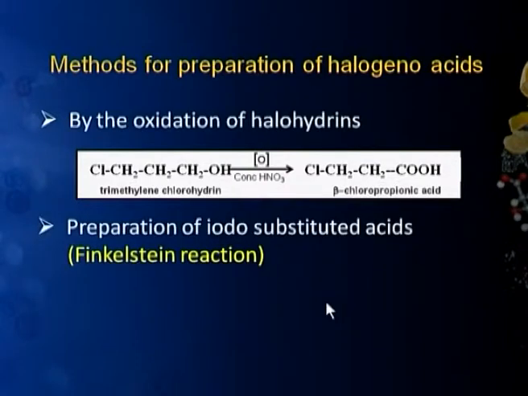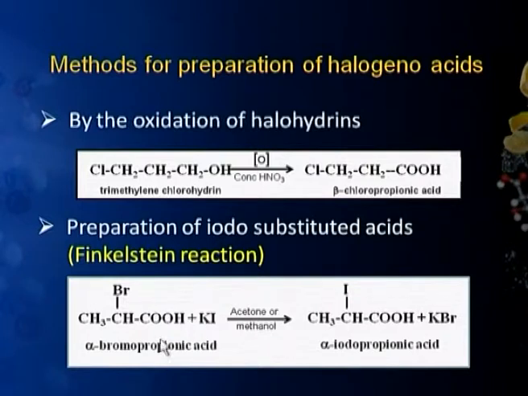Iodo substituted acids generally cannot be obtained directly by the methods we have discussed before. They are obtained by using a reaction which is known as the Finkelstein reaction. This reaction is used for the preparation of iodoalkanes from chloro or bromo derivatives. So, the same reaction is used here. Suppose we have this alpha bromopropionic acid.